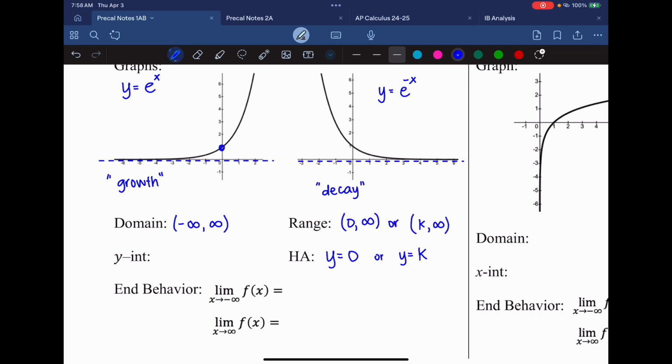So your y-intercept on these is going to be at 1. So if you have any kind of vertical translation, you want to look for your intercept being 1 unit above your horizontal asymptote.